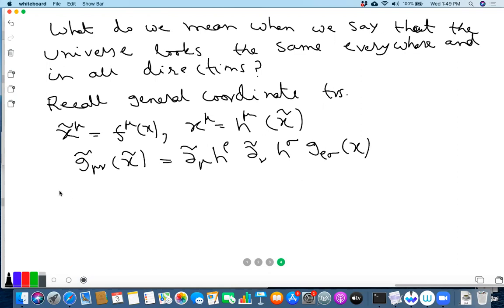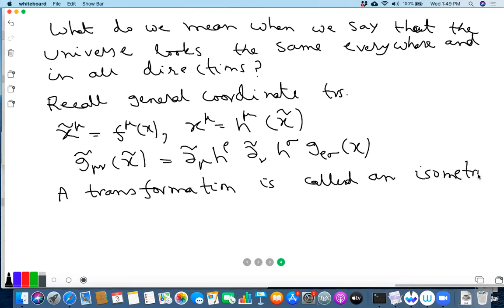Okay. Now we'll call a transformation an isometry if g tilde mu nu equals g mu nu.